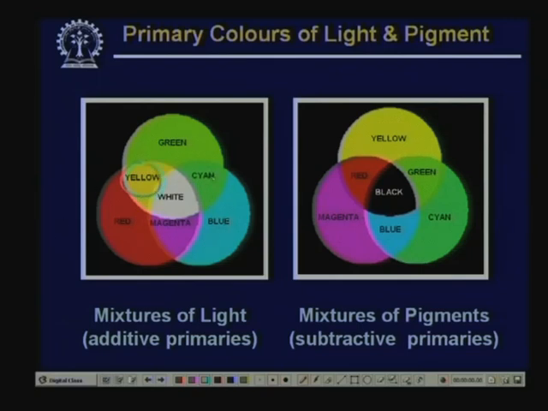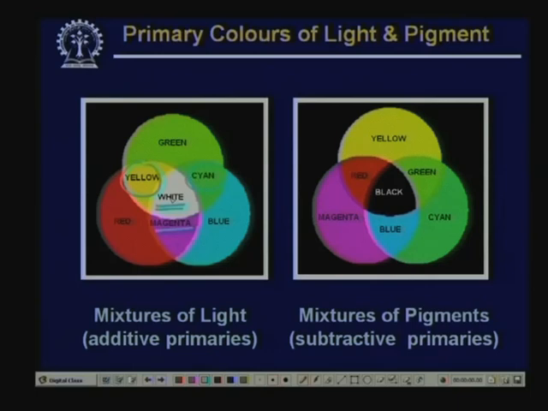Green and blue mixed together form the cyan, and red and blue mixed together form the magenta. Red, green and blue, all three together form the white light.